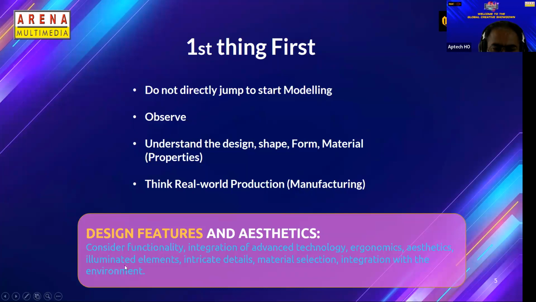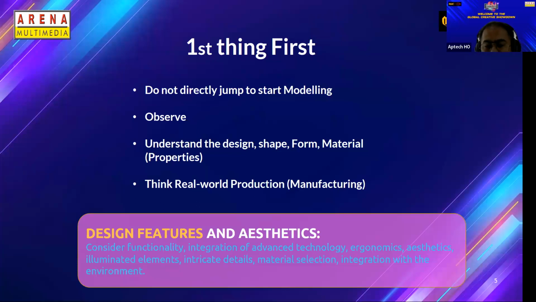Yeah, so here I mentioned, consider the functionality and the integration of advanced technology. Though it's a helmet, what could be the advanced technology inside that? Are there pressable buttons, or is it a normal touchscreen button where once you touch it, all those triangles and circles could be highlighted?